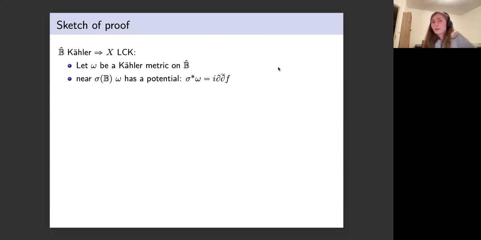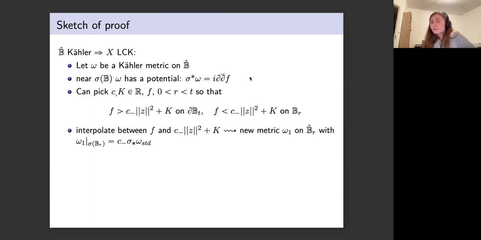So first of all, you start with a Kähler metric on the modified ball, and then you start to modify the metric near sigma of B, sigma being this embedding. When you pull back this metric by sigma, you are on a ball, so it has a potential, and you write it. Then you can pick different constants so that your potential will be bigger than the standard modulus of z squared, the standard plurisubharmonic function on the ball, times a constant plus something.